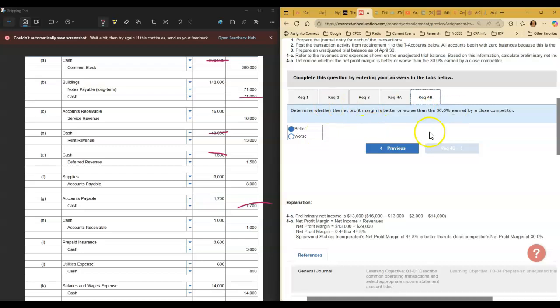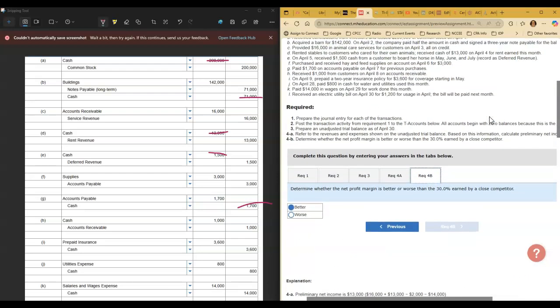And then this one just asks, determine whether the net profit margin is better or worse than 30% earned by a close competitor. So one of the important things to understand about all of these ratios that we're going to look at over the term is, is a larger number better or is a smaller number better? And you got to remember which is which, depending on which ratio it is.